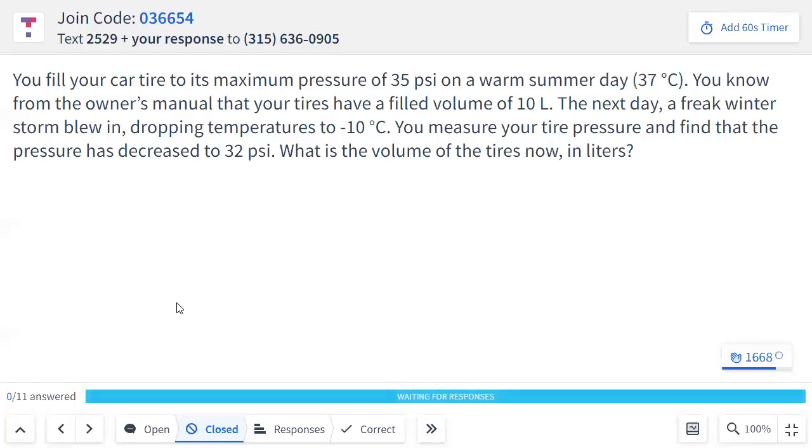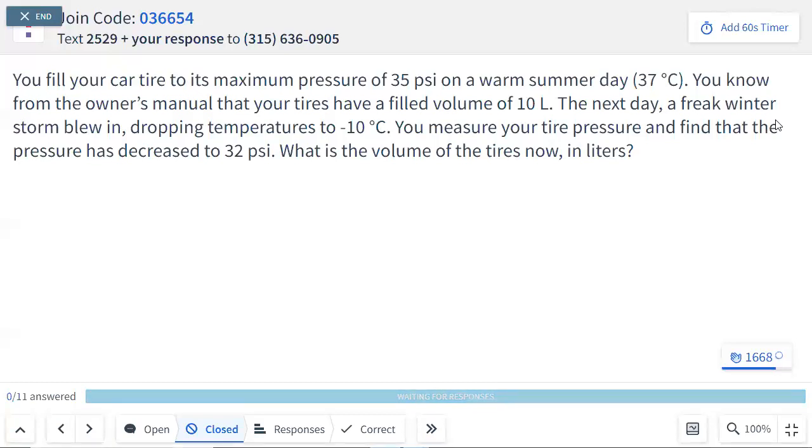Overnight, temperature and pressure conditions change. We see a sudden drop in temperature from 37 degrees to negative 10 degrees, and we measure the tire pressure and find that it's now at 32. The question is, how much has the volume of the tires changed as a result of these other changes?